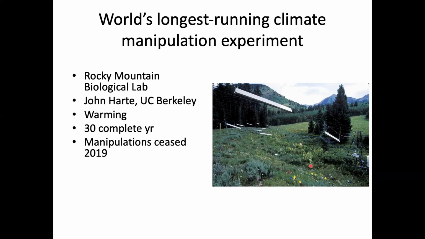And although they would have liked to continue that experiment, they were unable to find the funding to support that, and it would have required quite significant overhaul to infrastructure. So the manipulations there ceased in 2019, and they're now following up the impacts of the climate change on the vegetation to see how quickly the community recovers, or whether it does indeed return to its original state.